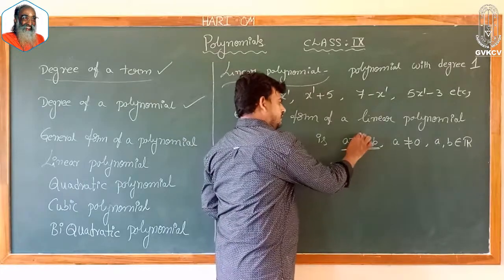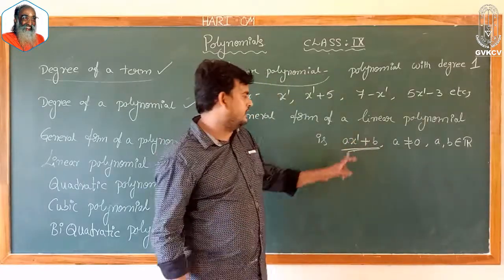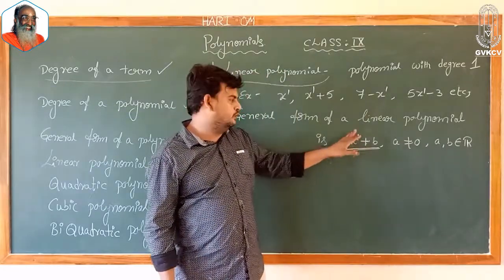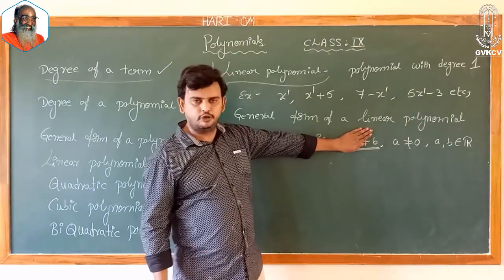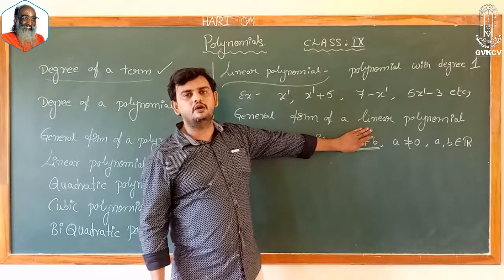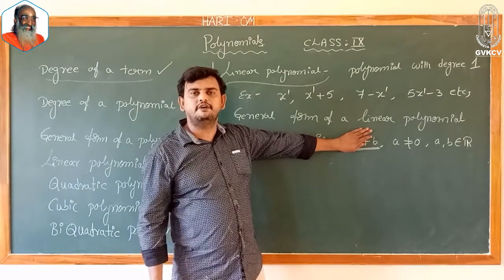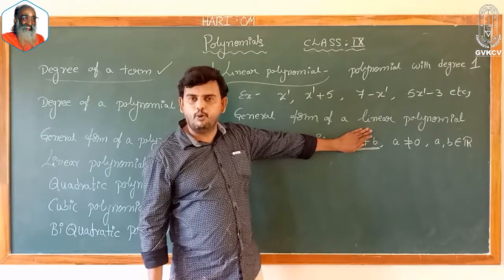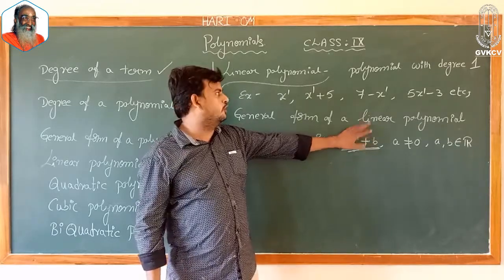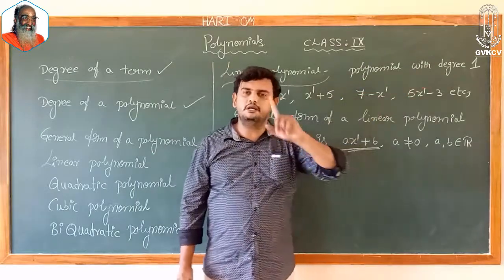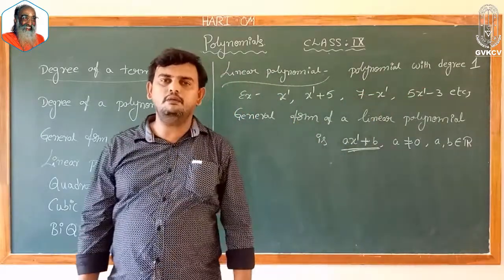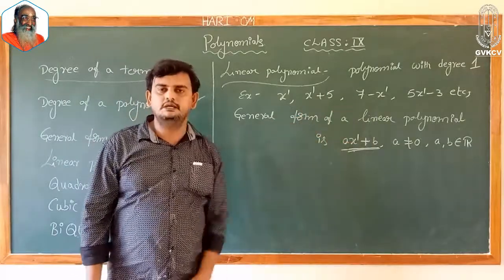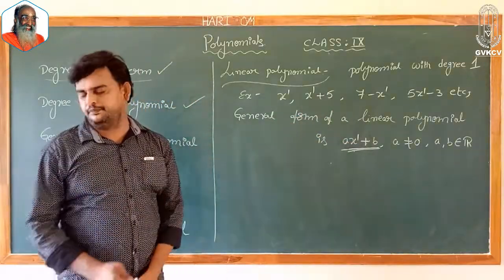And what is the power of x? 1. And a must be not equal to 0. If it is 0, 0 into x is 0, there is no term. Then what you have is only a constant. What is the degree of a constant? 0. So we can't call it a linear polynomial. Linear polynomial means polynomial with degree 1. The general form of a linear polynomial is ax plus b.